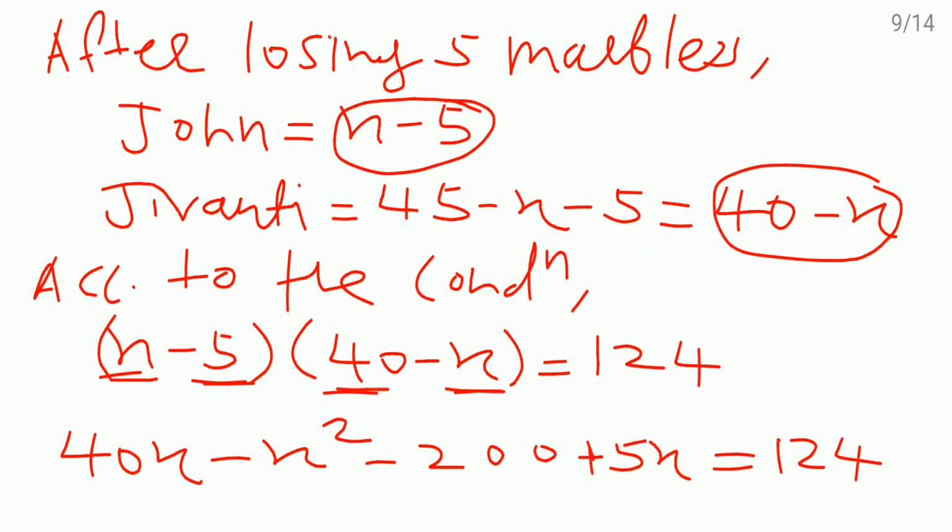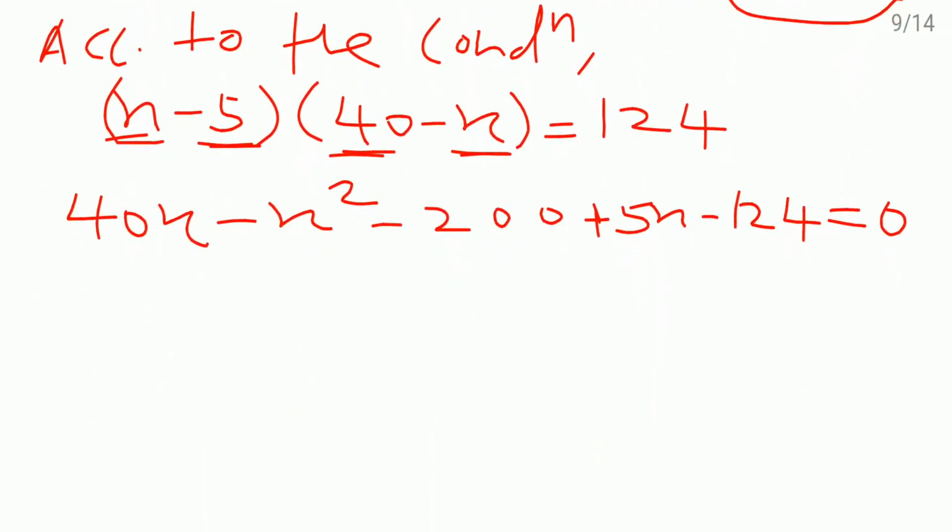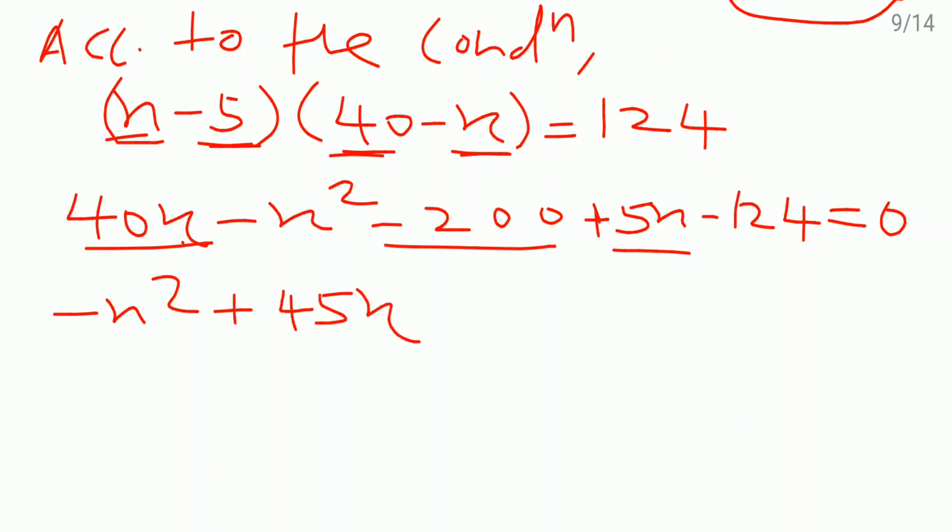Okay, we can bring 124 to this side, so it will become minus 124. So here we'll write minus 124, which is equal to 0. Now see here, first I'll write minus X square plus 40X and this 5X. It became plus 45X minus 200 and minus 124.